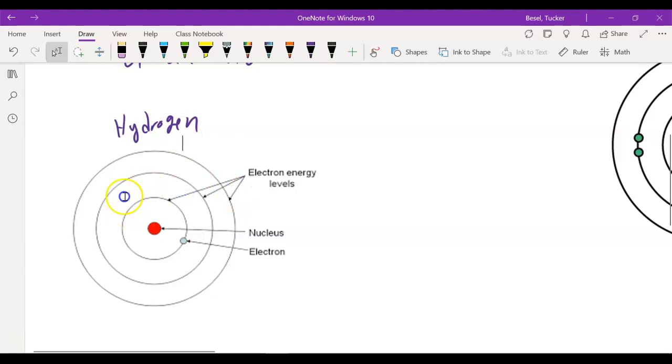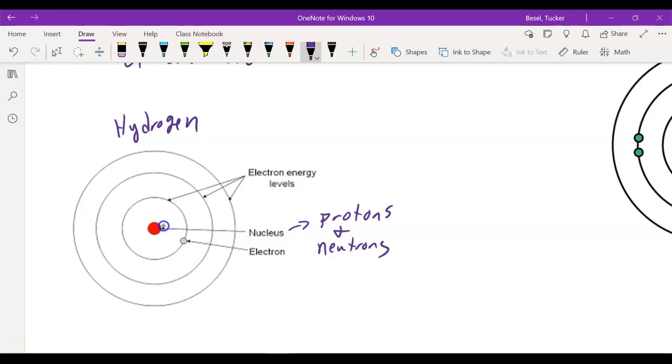Going outside of hydrogen, we've got this middle part right here which represents the nucleus of an atom. The nucleus is where the protons and neutrons are. Notice how there's only one electron here. And then we've got these different electron energy levels. You can think about these as orbitals.